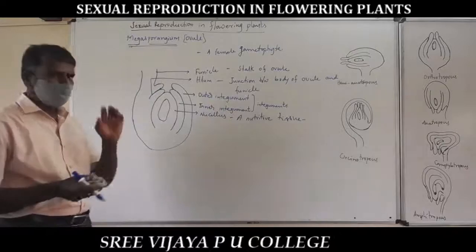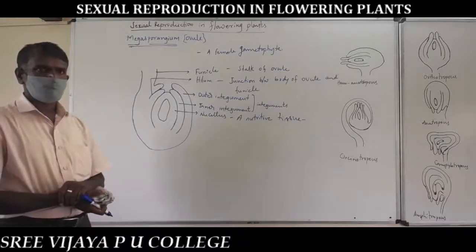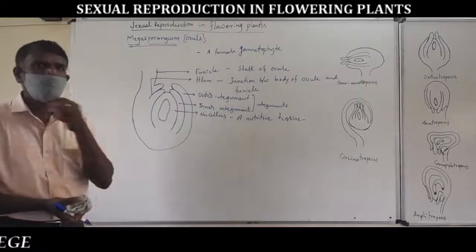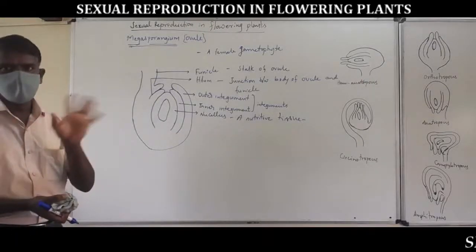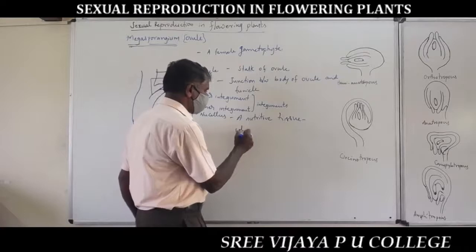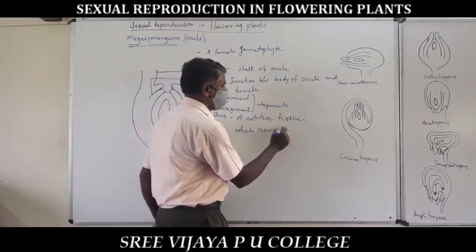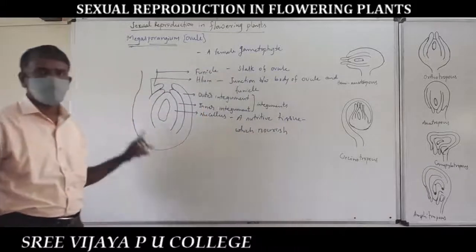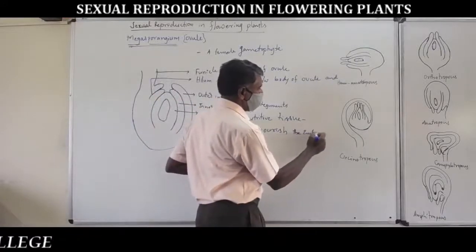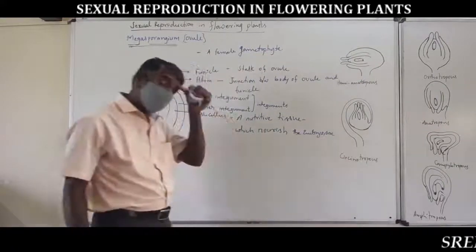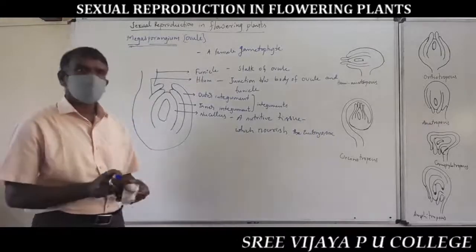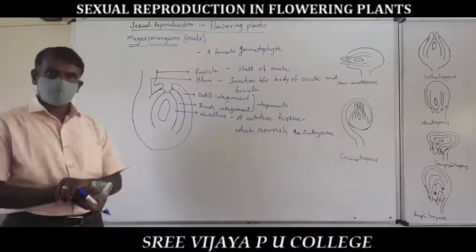If it is uninucleate, the nucleus is larger in size and reserved food materials are stored, hence it consists of dense cytoplasm and larger cells. So the nucellus is a nutritive tissue which nourishes the developmental stage of the embryo sac, supplying food for its development, because the embryo sac develops within the nucellar tissue.